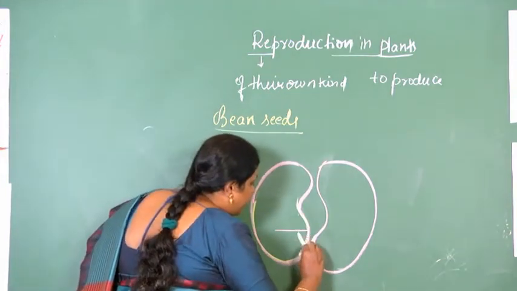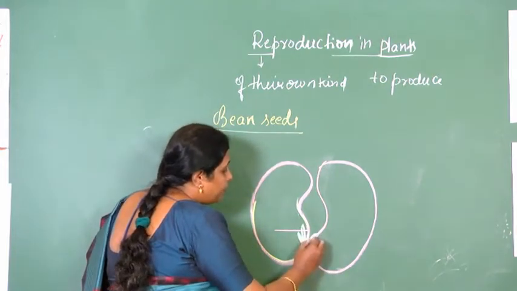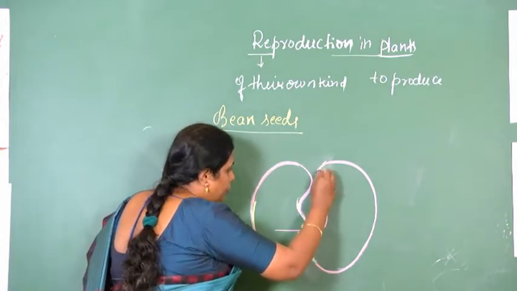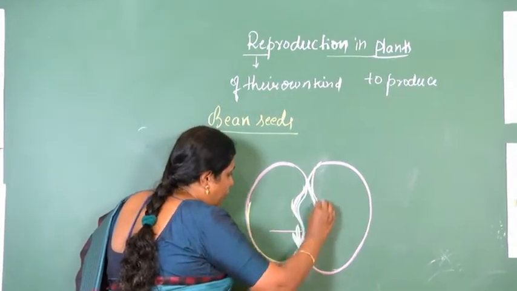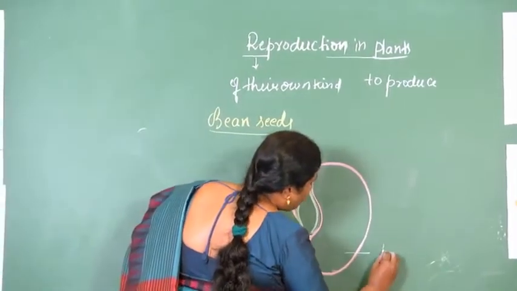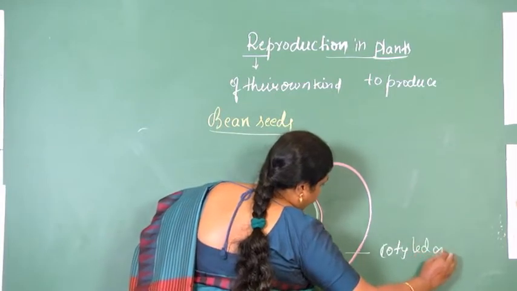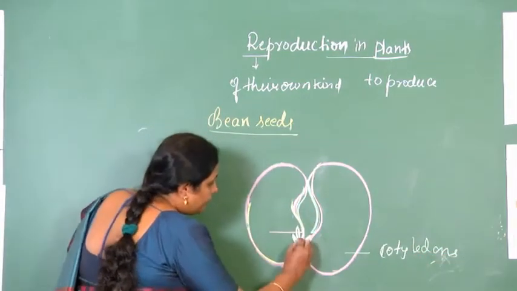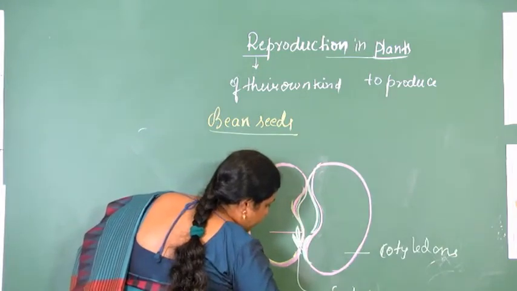Here, it has an embryo part, consisting of two leaves called cotyledons, and the embryo.